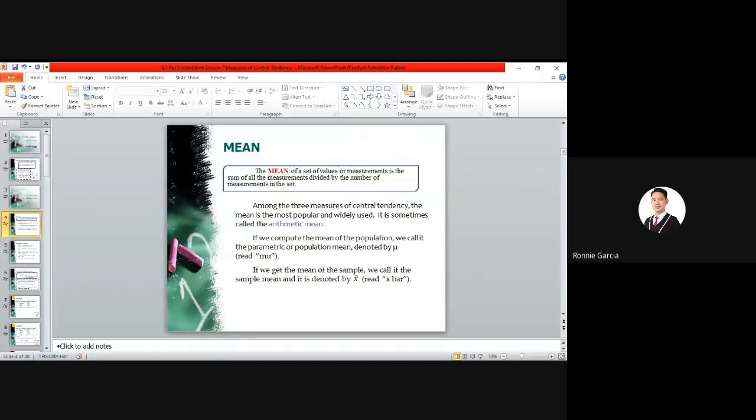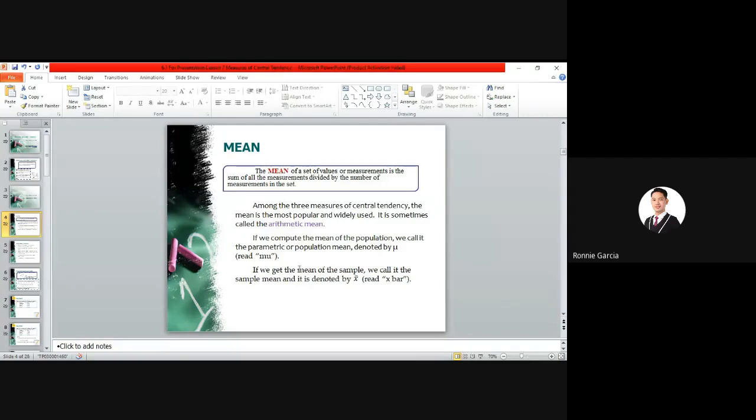Later, we will find out unsa ang mga properties or characteristics sa mean nganong siya ang kadalasan nga ginagamit when we are talking about statistical research. So some information available in this particular slide is we have mu. This is another Greek letter, mu, na ginagamit siya to represent the population mean.